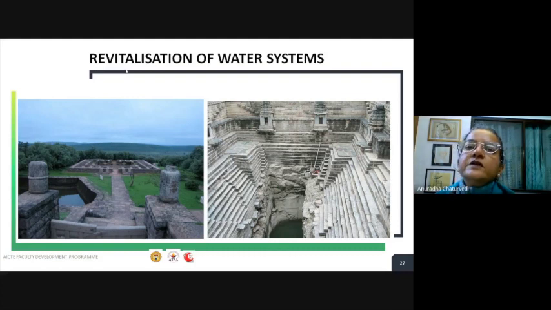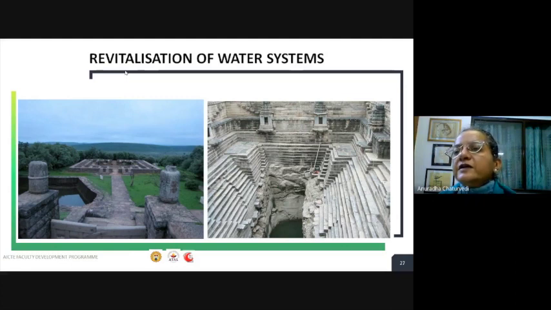On the left, we can see the World Heritage Site of Sanchi, where in an extremely arid area, it was possible to collect, store, and distribute water in a way that the monastic communities were sustained. Some of those tanks and reservoirs which make use of the gravity system are still evident there.